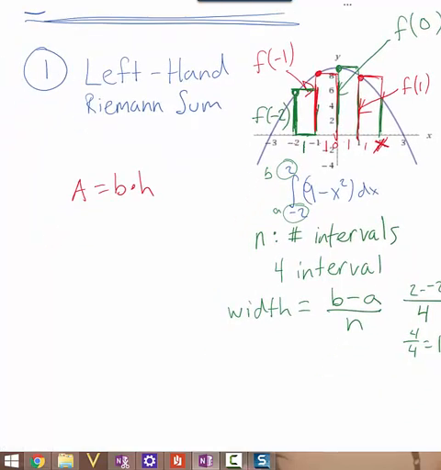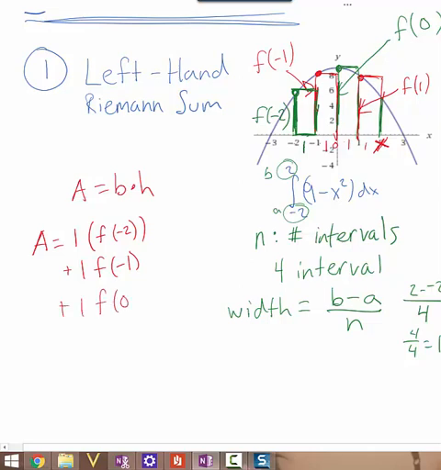But the base is always the same, so really it's going to be 1 times f of negative 2 plus 1 times f of negative 1 plus 1 times f of 0 plus 1 times f of 1. Since that width is everywhere, you can factor it out.